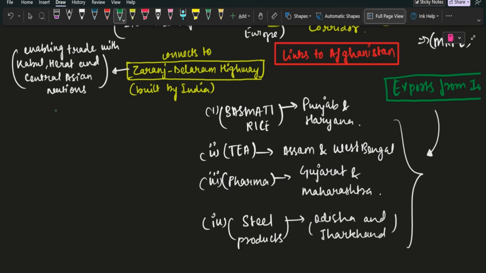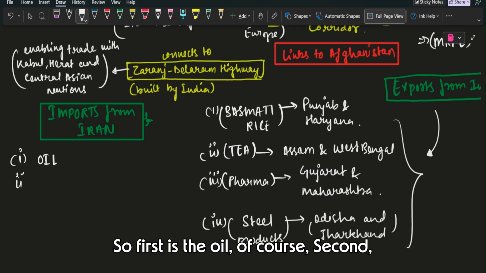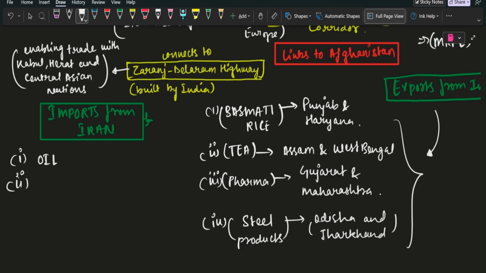I'm writing the imports here. Imports from Iran. I'm including oil here as well. So first is the oil, of course. Second, as we said, dry fruits.